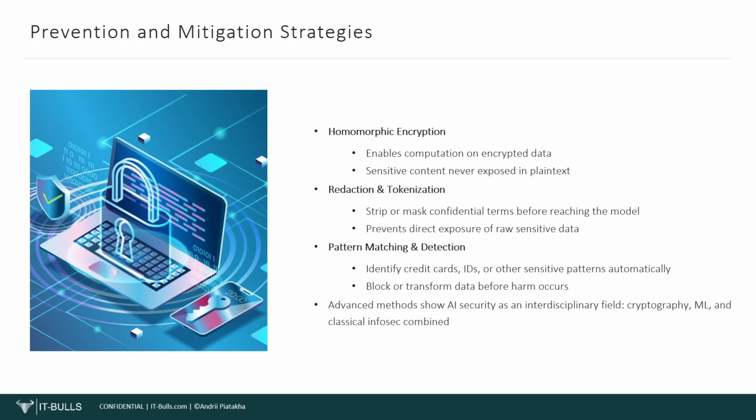Pattern matching can automatically detect sensitive information, like credit card numbers or government IDs, and block or transform them before they cause harm. These approaches are still evolving, but they show us that AI security is becoming a highly interdisciplinary field, blending cryptography, machine learning, and classical information security.